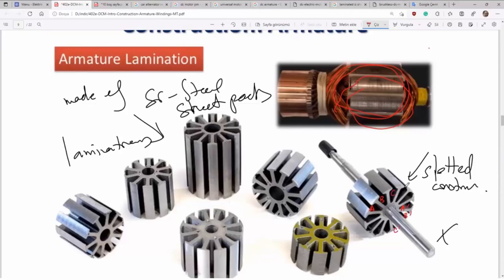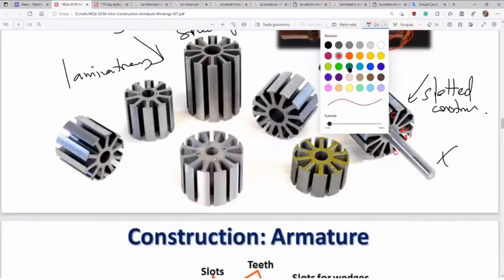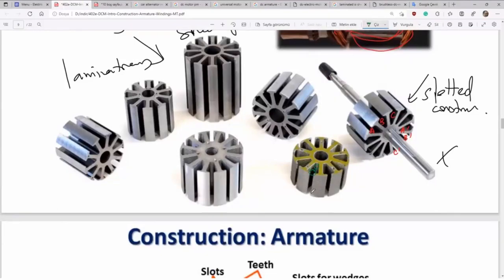But later we will see that it is a bit different from the other machines. DC machines generally contain double layer coils. Here are two coil sides. So let's say Z prime and Y prime.